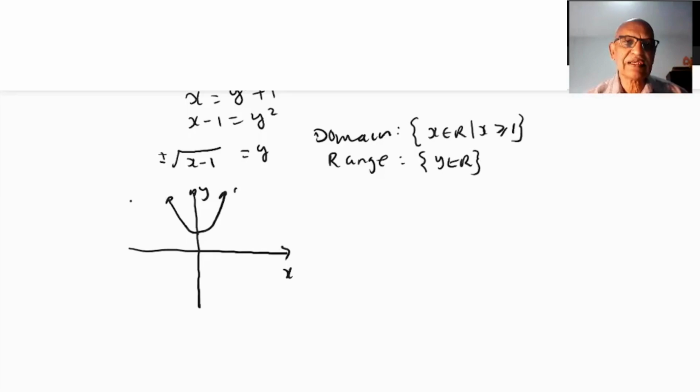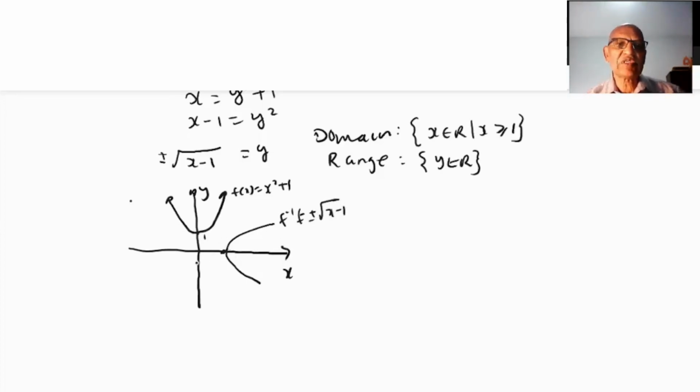This is f(x), x squared plus 1. This is 1. The inverse starts at 1 here, since x minus 1 starts at 1. It's like a square root graph, which goes to a positive 1 and a negative 1. This is f inverse, which is plus minus square root of x minus 1. It is always a mirror image on y equals x. This is an image of that.